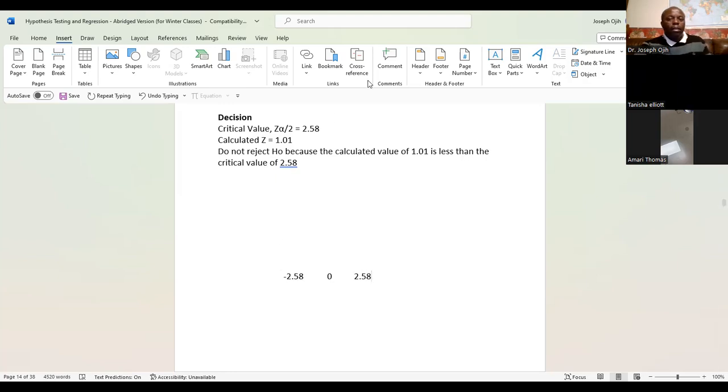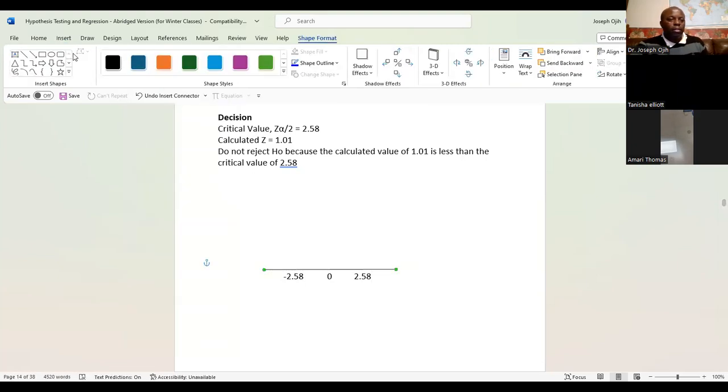Then we can draw the chart easily from here. It looks like this.